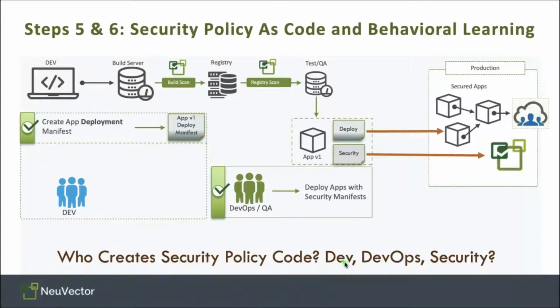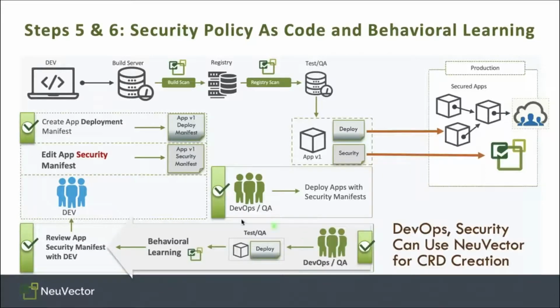Is it dev? Is it the DevOps team? Is it security? Can we really train dev to learn and care about security? The good answer is that it doesn't matter. Whoever in your organization you charter with being responsible for this security policy, you can enable them to automate this process.